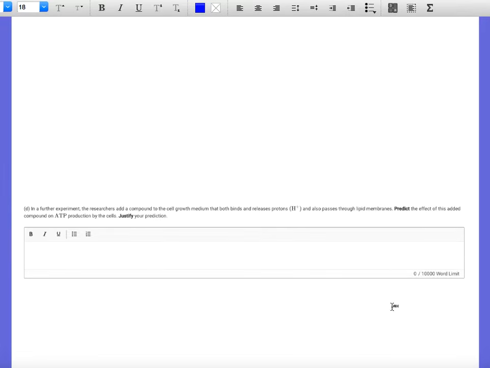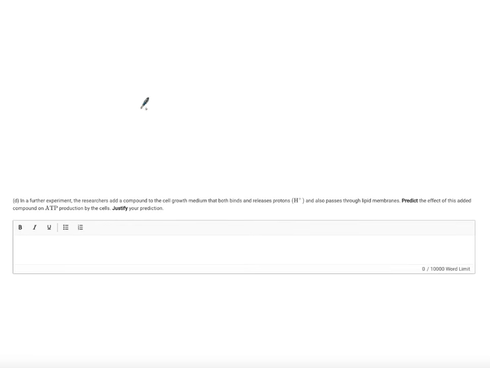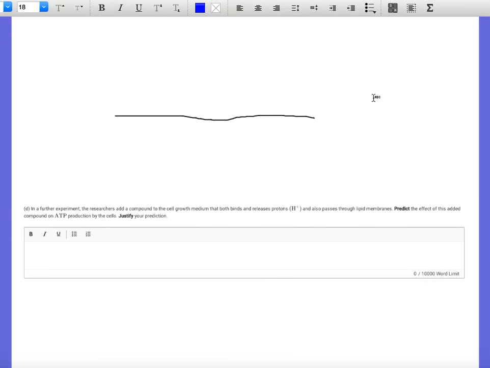Okay, so for part D, I left myself a good amount of space here because this is actually probably one of the harder ones that I've seen in the progress checks so far. Okay, so I'm going to draw that little line, and I'm going to make this my inner mitochondrial membrane, and you'll see why in a second.